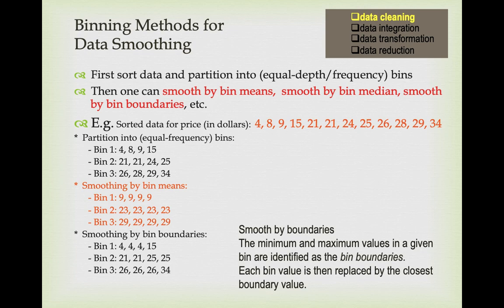Okay, binning methods for data smoothing. First, sort data and partition into equal depth or frequency bins. Then one can smooth by bin means, smooth by bin median, smooth by bin boundaries, and so on. For example, sorted data for price in dollars: 4, 8, 9, 15, 21, 21, 24, 25, 26, 28, 29, and 34.